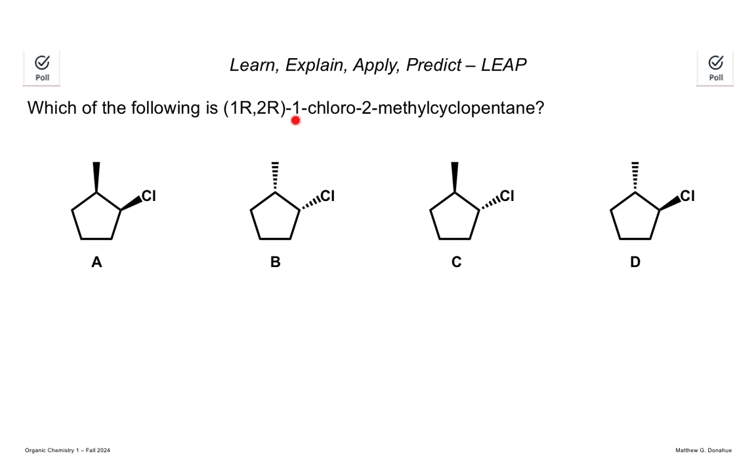And then you can orient yourself according to the nomenclature. So the chlorine's at position 1, the methyl group is at position 2. You don't really have to do all 4. We're just going to start with A, and I'll show you how you can, through process of elimination, get the right answer.